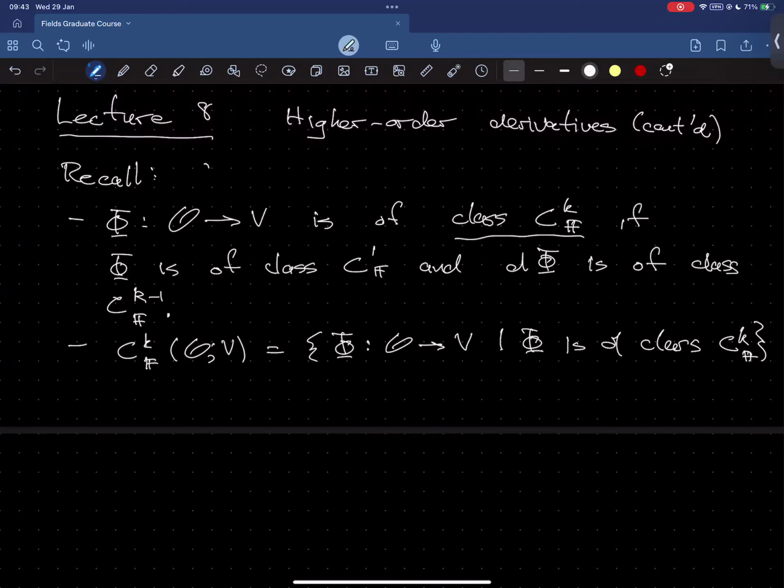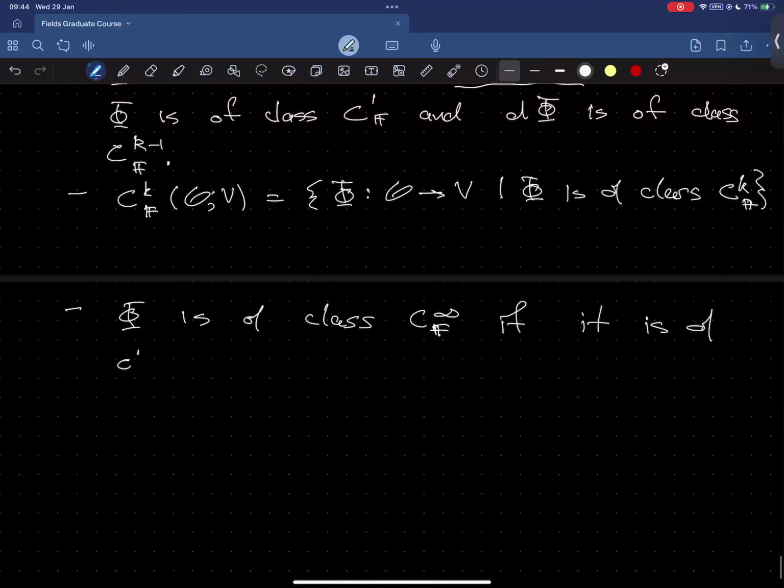And so I didn't say last time, and I'll say here, that phi is of class C infinity, of course, if it is of class C^k for every k.